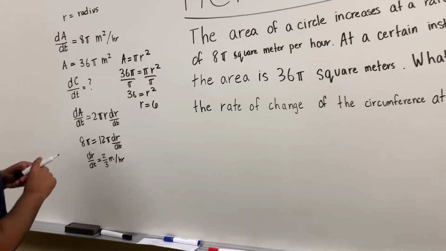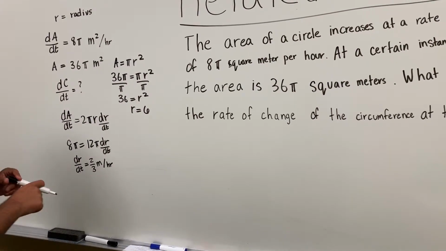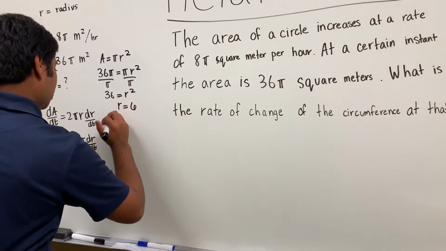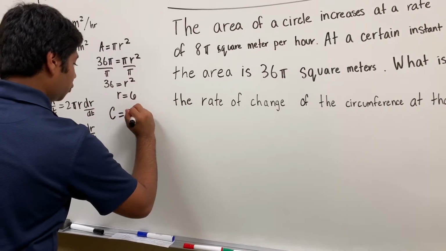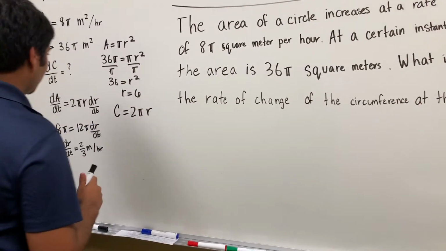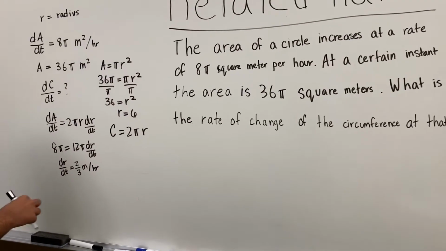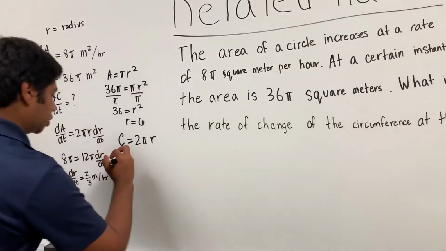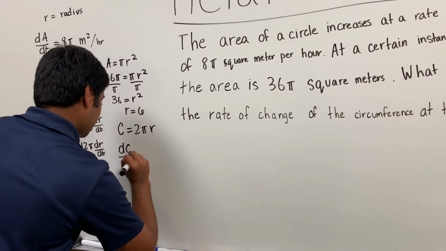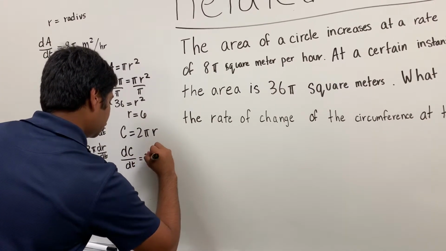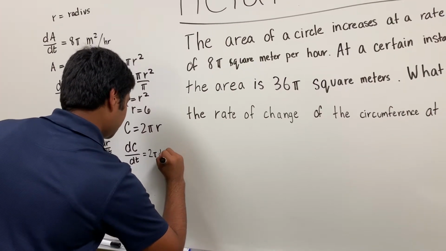Now we will find what the formula for the circumference is. The formula for the circumference is 2 pi r. Since we're trying to find what the derivative of the circumference is with respect to time, we will take the derivative of the circumference, which is dC over dt equals 2 pi dr over dt.